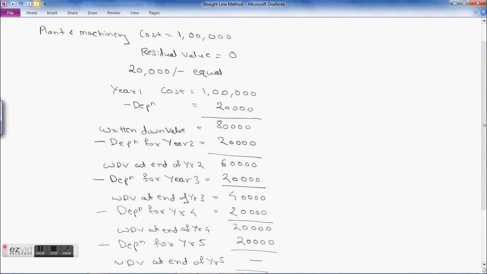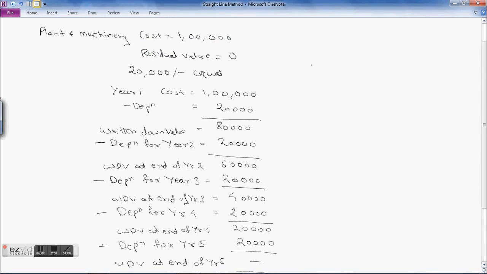Now let's take one more example, similar to this. Cost of asset is 1 lakh, residual value is 10,000 and depreciation is 30,000 per year.